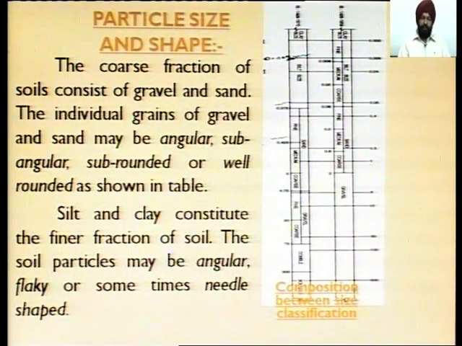Next is sand particle; sand particles are of three types. The individual grains of gravel and sand may be angular, subangular, sub-rounded or well-rounded, as shown in the next table.